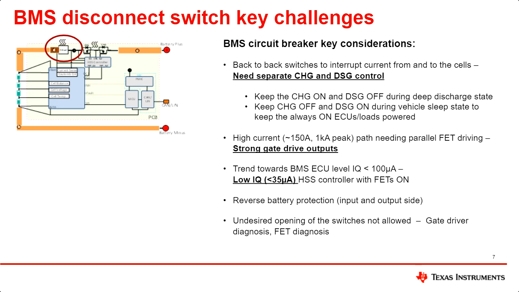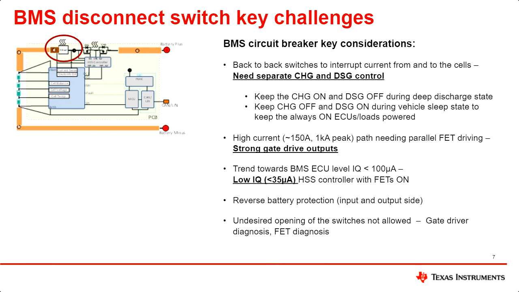So for the BMS, this basically shows a basic block diagram of a battery management system where we have the battery here, and this could be the battery management device. And these are the disconnect switches which are there in the system. The key challenge here is that since this is very high current, we may have multiple FETs in parallel.